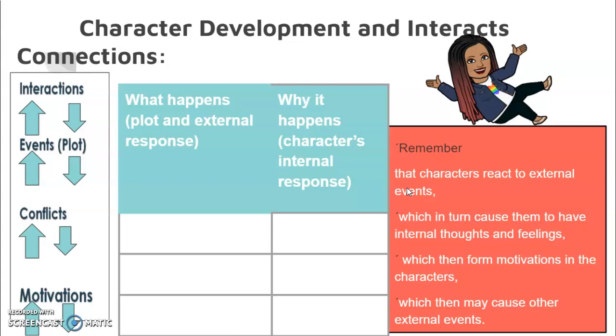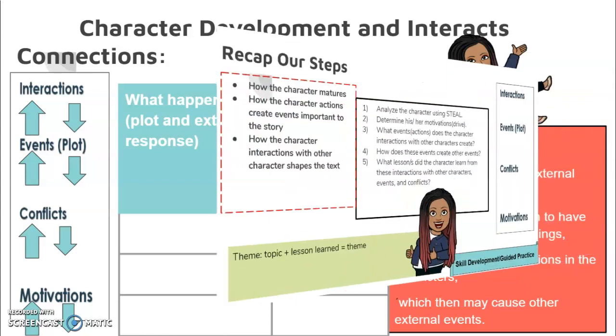It creates plots. It creates situations. Okay. Now these turn into internal thoughts and feelings, which then can motivate the character from the text to take an outward action, to take an inward action. And all of these things work together to push our story forward.